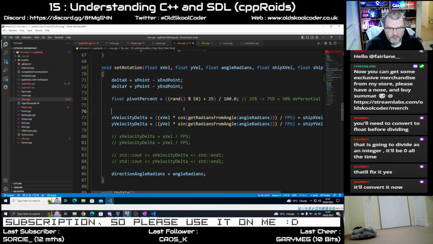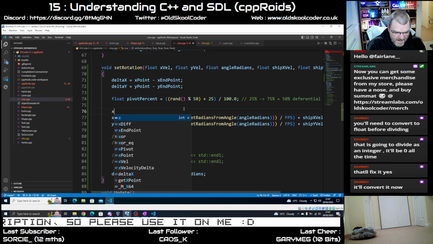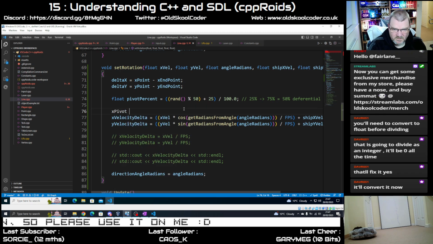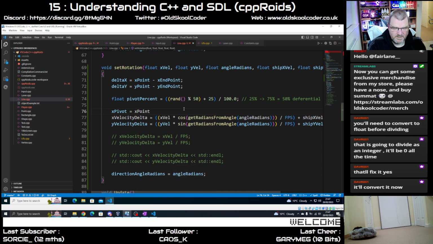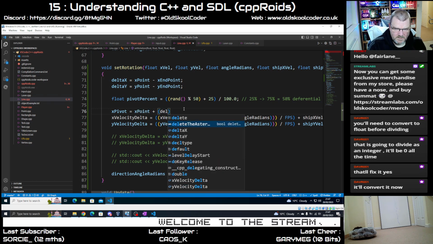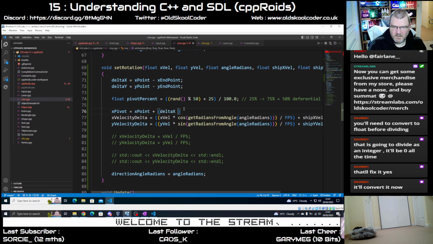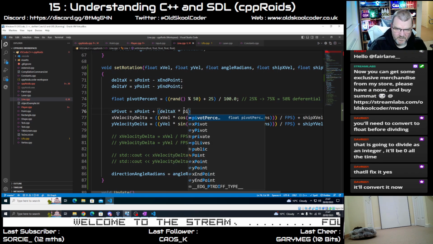So x pivot is going to equal x point plus delta x times the pivot percentage.